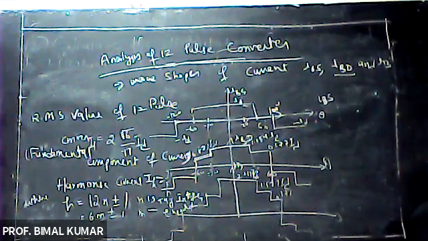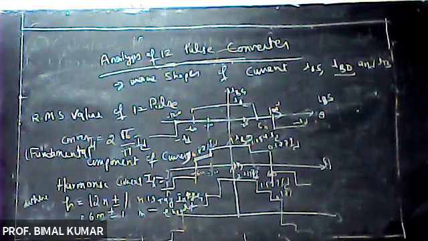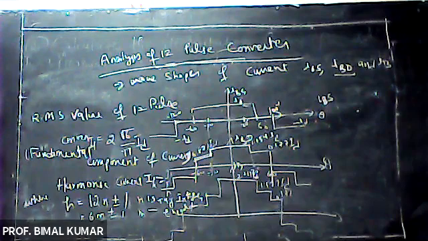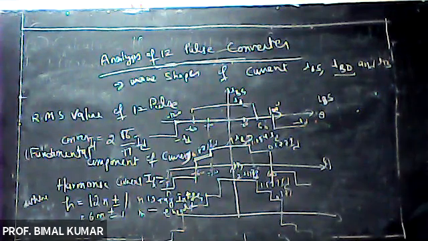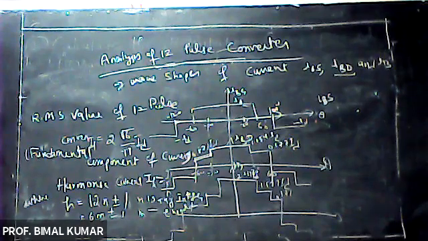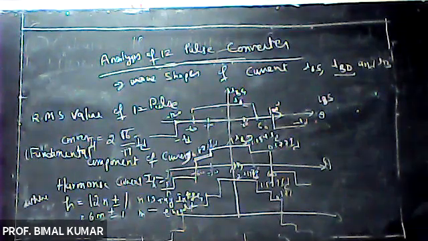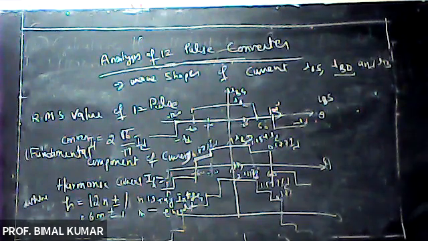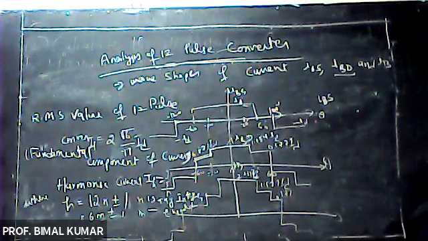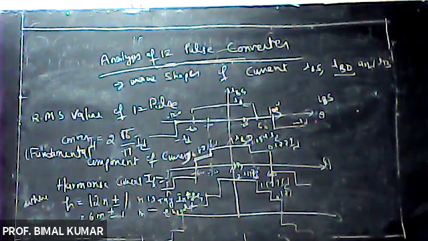In case of 12 pulse converter, the 5th and 7th harmonic components of the two transformers cancel each other, right?